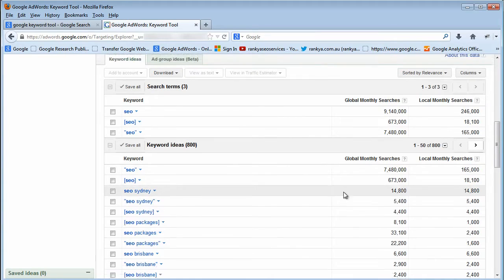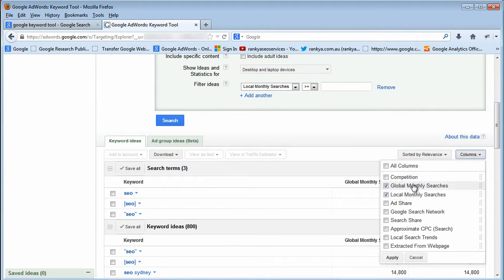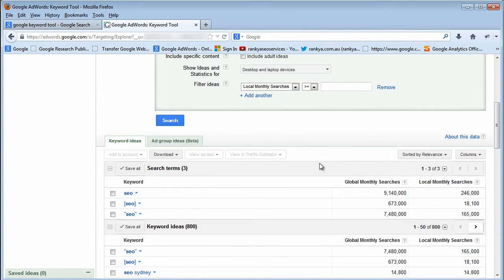So let's just take that away and look at these two, because just yesterday I read a recent blog post from a reputable search engine optimization blog talking about global monthly searches. When I looked at the information they provided, I knew straight away that they were informing webmasters like yourself, but they were informing you wrong.